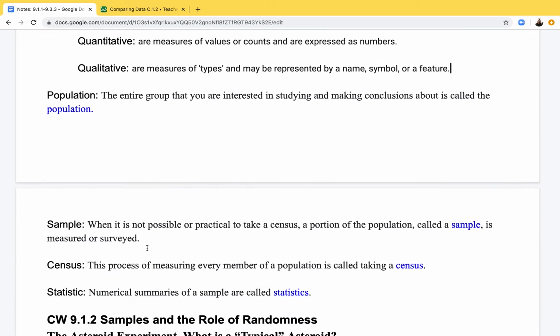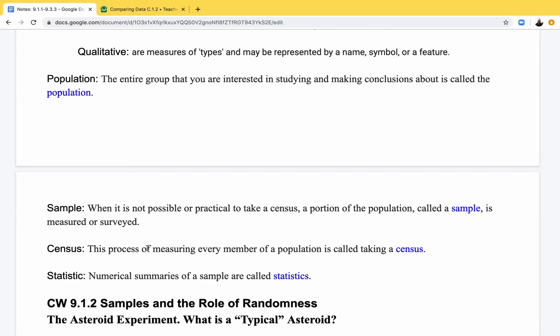Okay, so this part is new, and this is going to lead us into a kind of a deep dive into our activity from last week. A population would be the entire group that you are interested in studying and making conclusions about. That would be a population. A population sounds really big. It doesn't have to be. If I was interested in my honors algebra 2 class, the population would be everyone in our class.